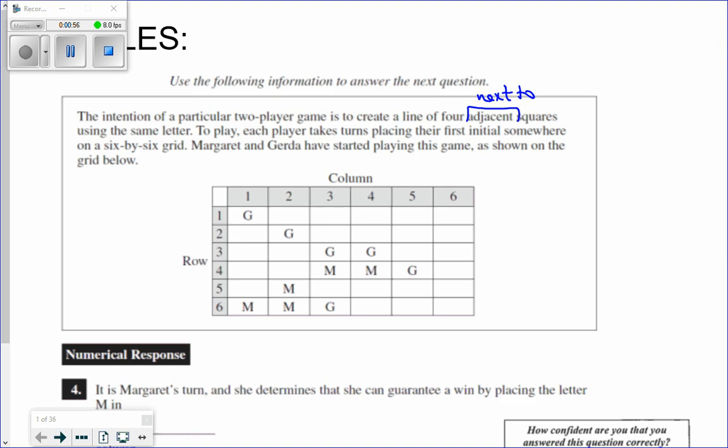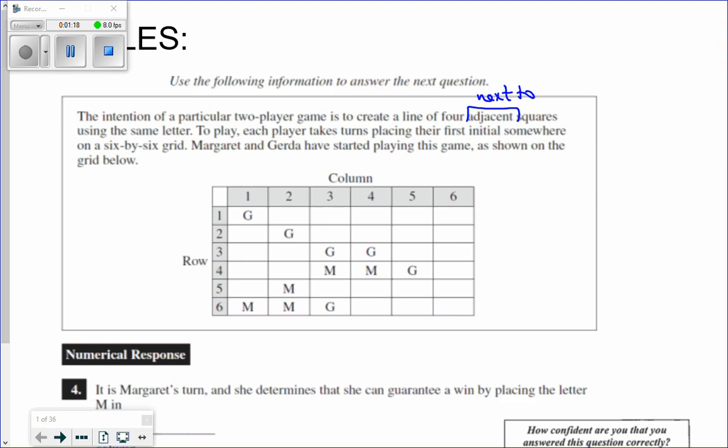It's like Connect 4, right? Where you're looking to try to get 4 things in a row. To play, each player takes turns placing their first initials somewhere on a 6x6 grid. Margaret and Gerda have started playing this game as shown on the grid below. Okay, so they've each taken turns putting G's and M's.